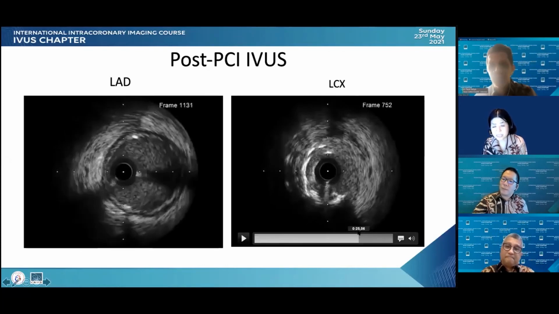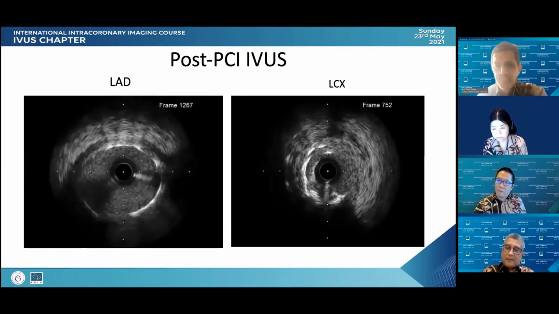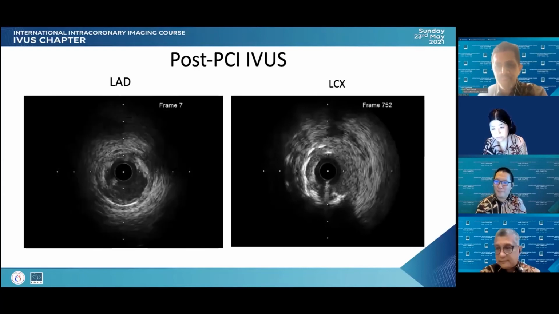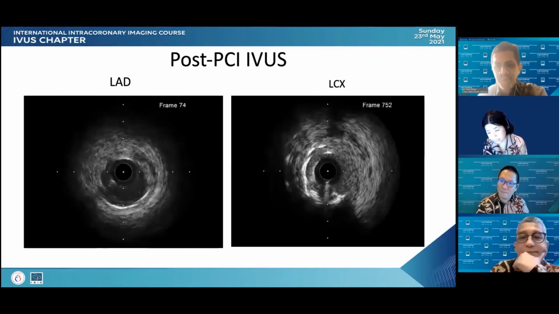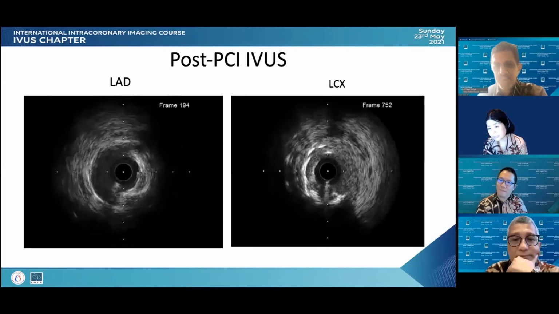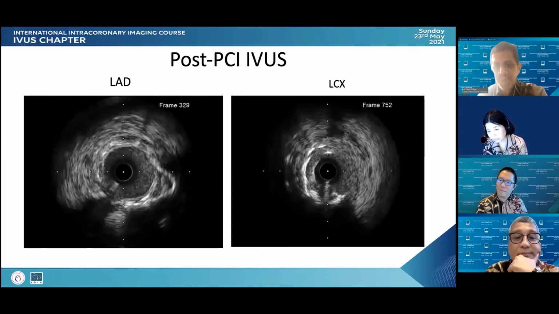So this is really the ostium of the circumflex. 12 o'clock, 2 o'clock, 3 o'clock, 4 o'clock, no strut. That segment is the carina side. On the other hand, at 9 o'clock, you see 2 layers.